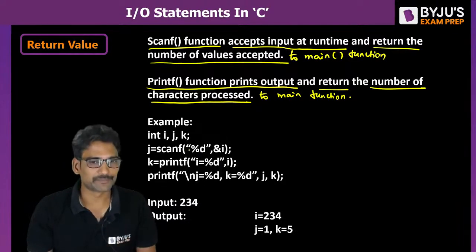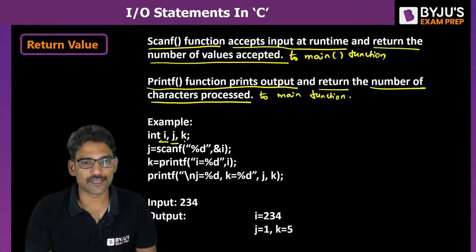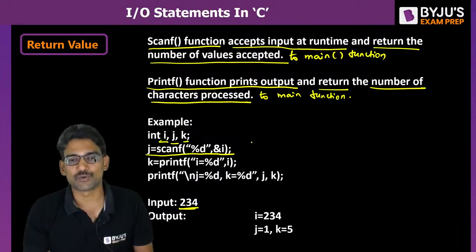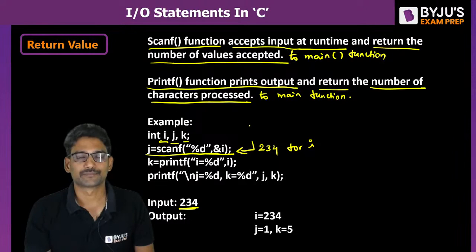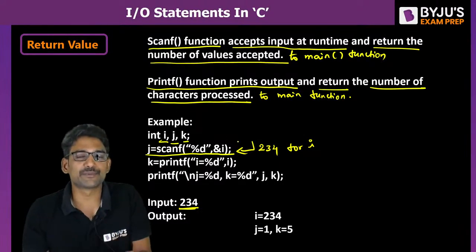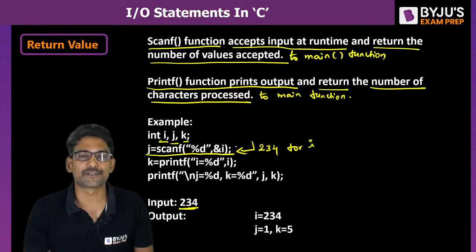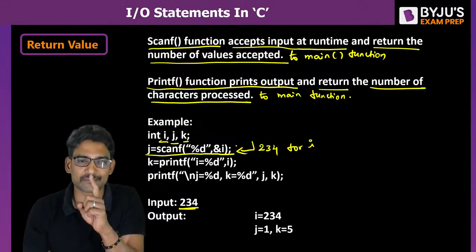Example, you see, I have created i, j, k. j equal to scanf %d, comma and i. Suppose I am giving 234 as input, for i. For how many variables have I given the input? For one variable, for i.